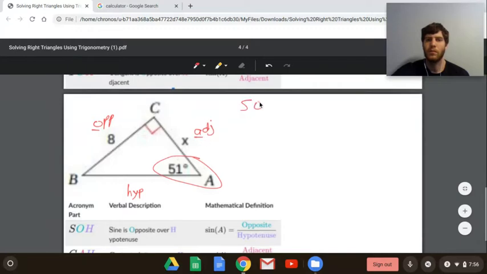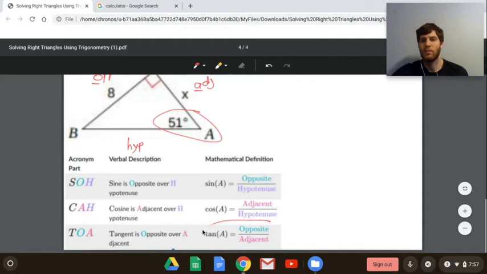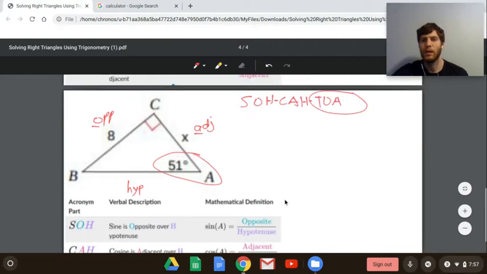So if we look at our SOHCAHTOA, right, O and A, that's going to be the TOA part, which is your tangent. So tangent of theta, or the angle, is going to be equal to the opposite over the adjacent.